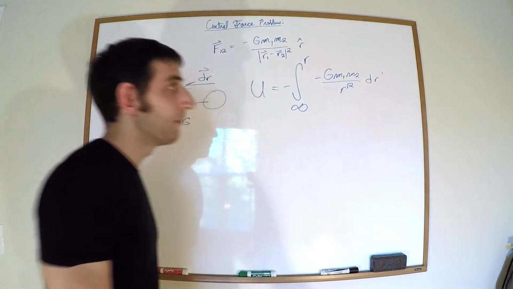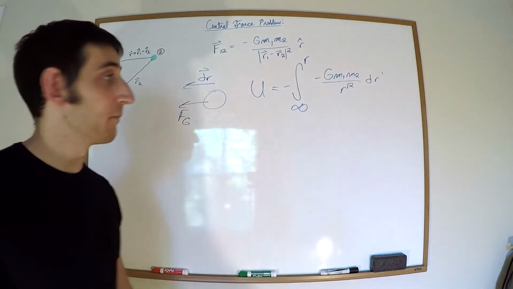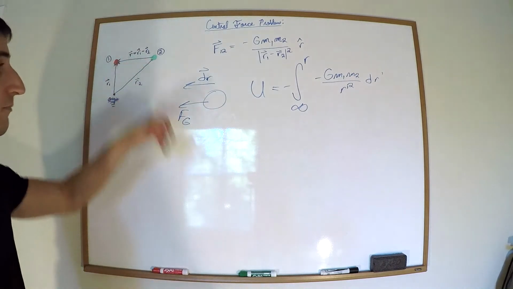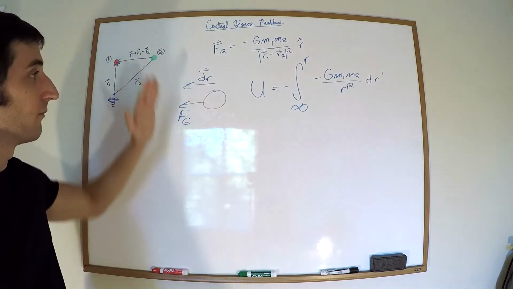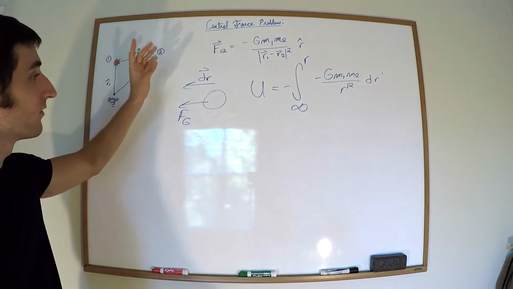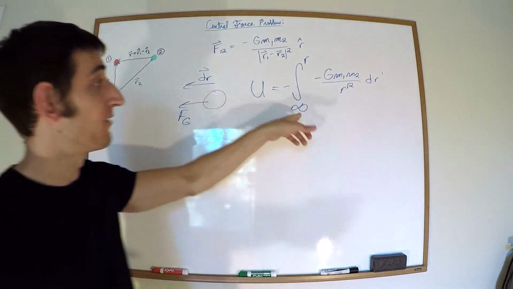The only reason I'm putting that r prime in there is so we don't get confused with that variable there, which is going to represent this distance, but this r is going to be the distance from basically this planet to where it is out in space, okay? And we're going to vary that from infinity to r.